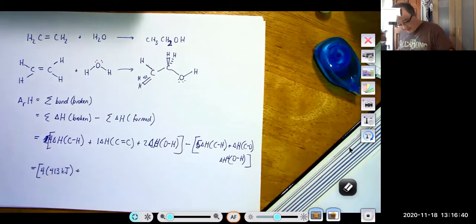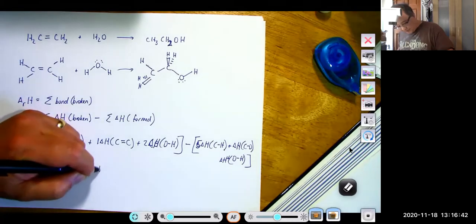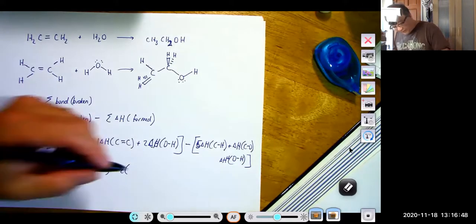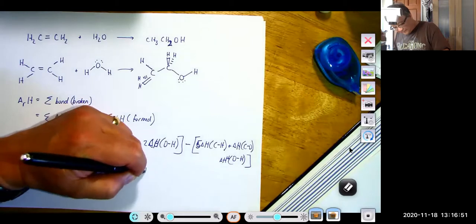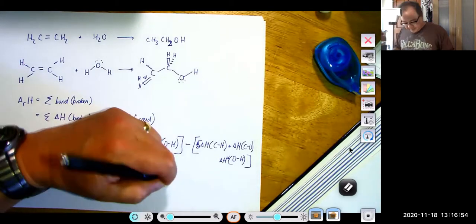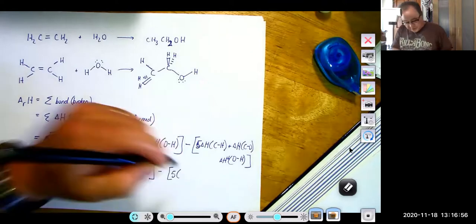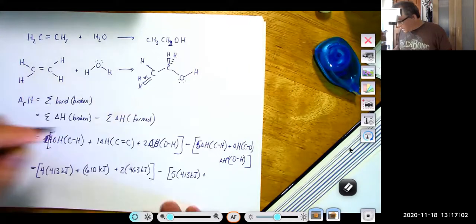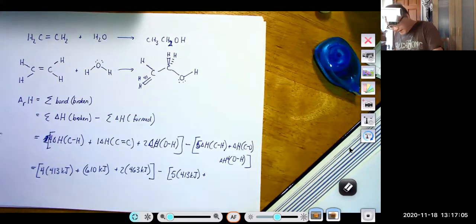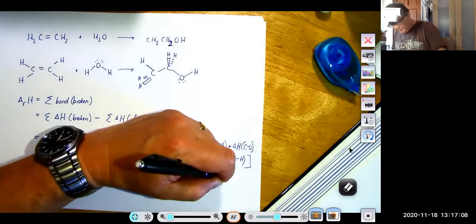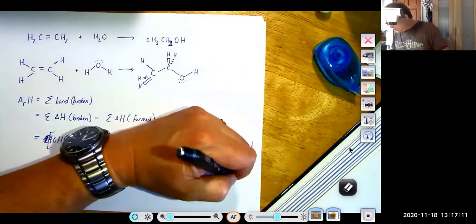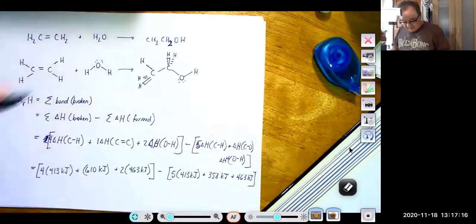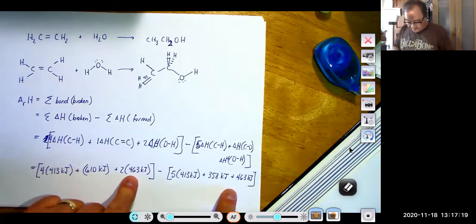A carbon-carbon double is 610 kilojoules. And an oxygen-hydrogen is 463 kilojoules. And then we already know that the carbon-hydrogen is 413 kilojoules. A carbon-oxygen is 358. And then an oxygen-hydrogen is 463. So those should be the same right here.